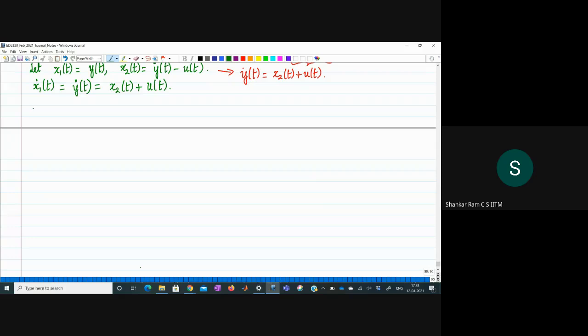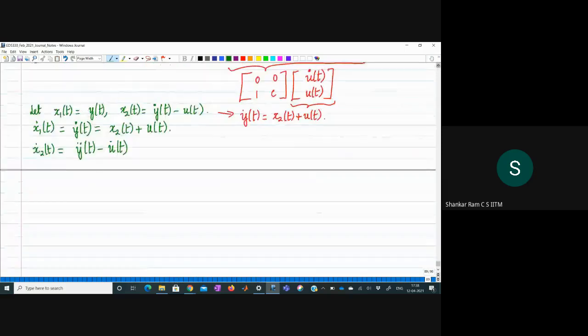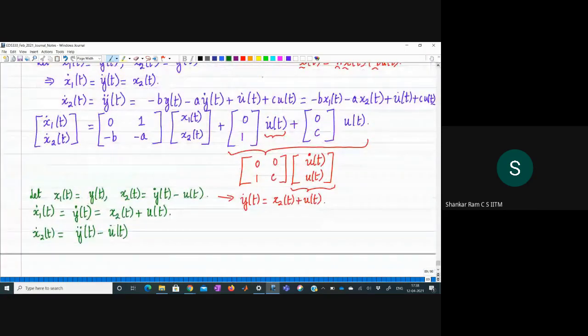So then we need to take x2 dot, right? x2 dot is going to be equal to, now please note that it's going to be y double dot minus u dot(t), right? So we are going to have some extra terms. So y double dot will be minus d x1 minus a x2 plus u dot(t) plus c u(t), and we have a minus u dot(t). I'm just taking from here, right?